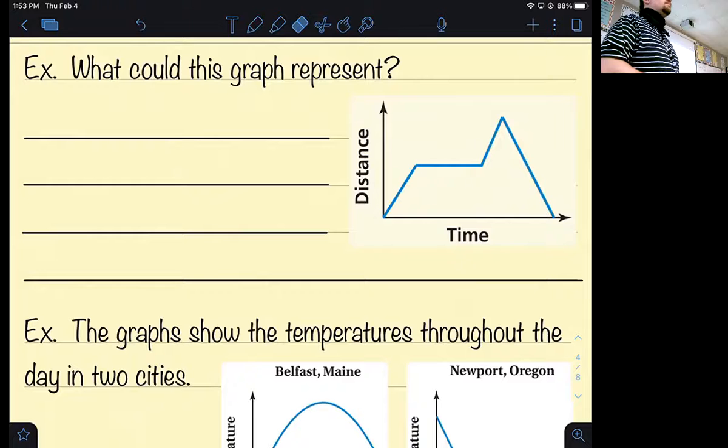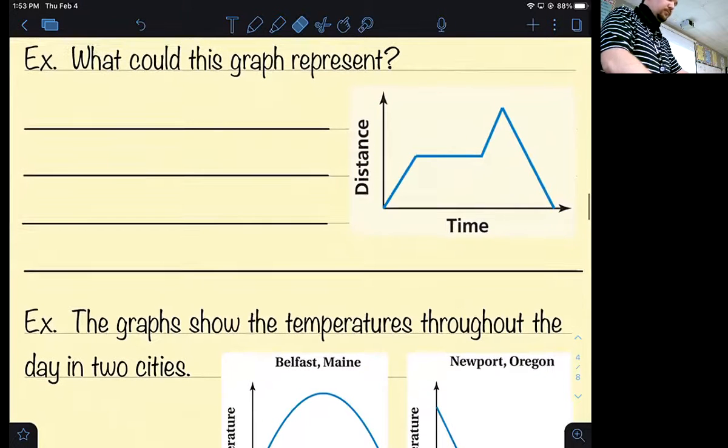Sure. Technically, this is just moving forward and backward, right? So if you're moving side to side, but you're staying in the same place forward and backward wise, would that count as a flat graph? Moving side to side, like this.